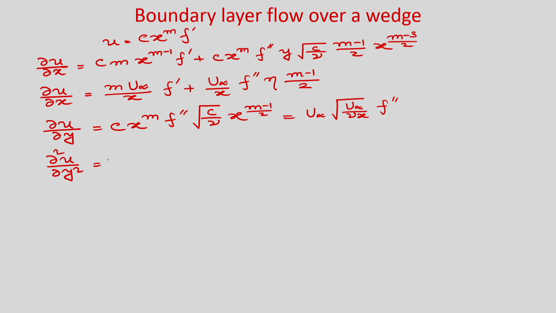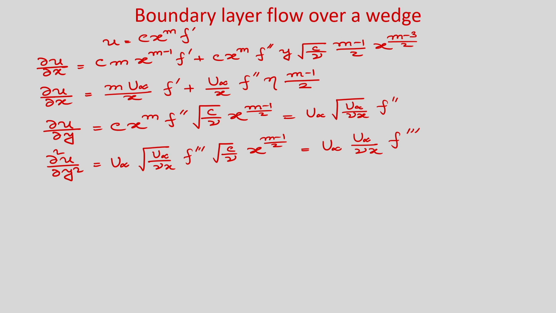From here again you can write u infinity root u infinity by nu x f triple prime, okay, and again del eta by del y. So, it will be root c by nu x to the power (m minus 1)/2. So, this you can simplify and write u infinity by nu x f triple prime.